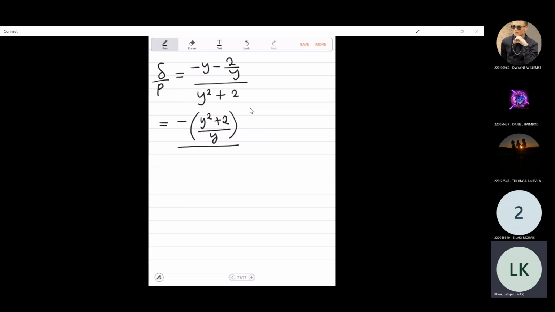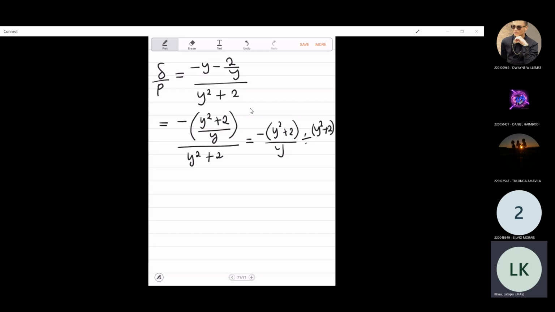Then in the denominator, we have y squared plus 2. So this is negative (y squared plus 2) over y, divided by y squared plus 2.